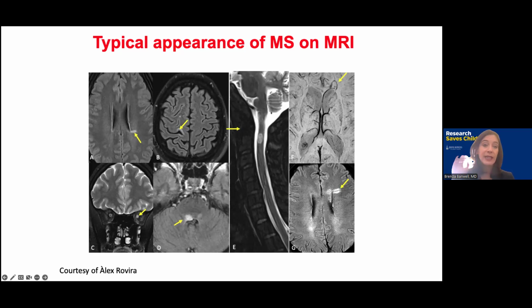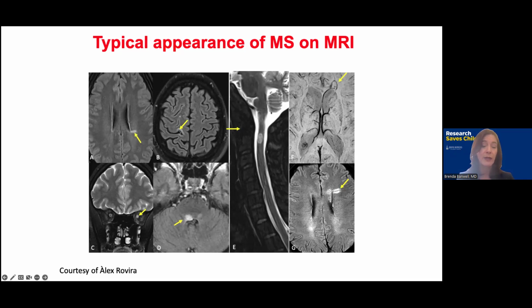When we look at the dissemination in space or the distribution of lesions, the typical appearance, and in fact, the topographies that are formally in the diagnostic criteria include in A, periventricular lesions. So you can see the yellow arrows are pointing to everything I say. So these are lesions that are close to the ventricles, which are normal fluid-filled spaces in the brain.